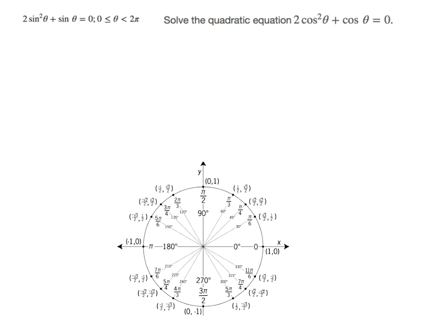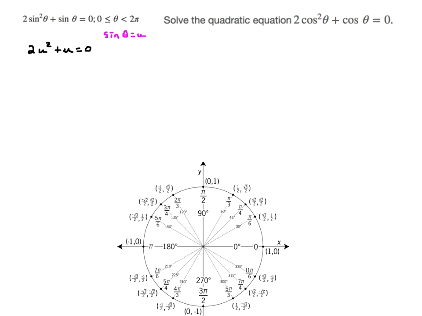Okay, so right off the bat, I'm going to make a substitution on this one. I'm going to let the sine of theta equal u. So I'm going to rewrite this as 2u squared plus u equals 0. This one's nice and neat. All right.